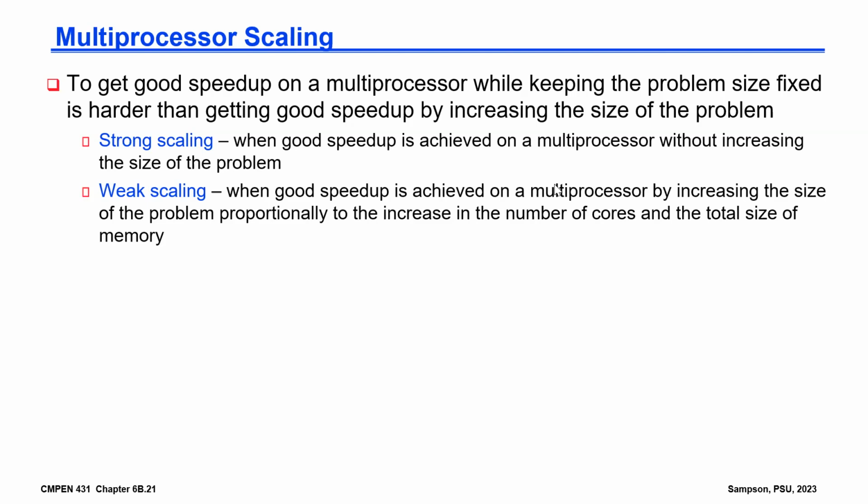So the number of threads that I want to throw at this, the degree to which I'm going to try to parallelize, is only going to go up, not with the number of cores my system has, but with the size of the input that I'm processing. The other way to look at this is if I have a strong scaling algorithm and I move from an 8-core machine to a 16-core machine, and my input has not changed, I would expect to want to increase my parallelism from 8 to 16.